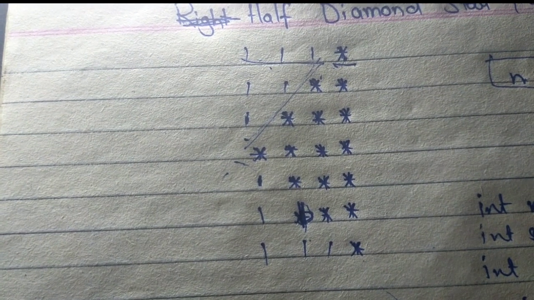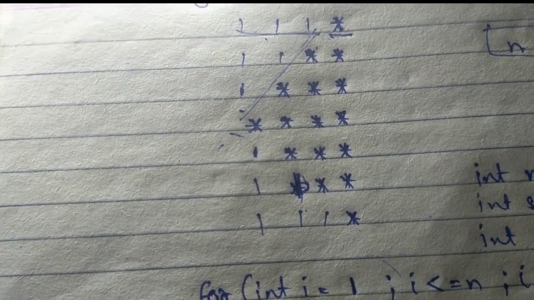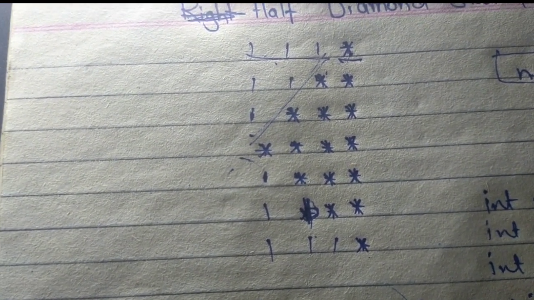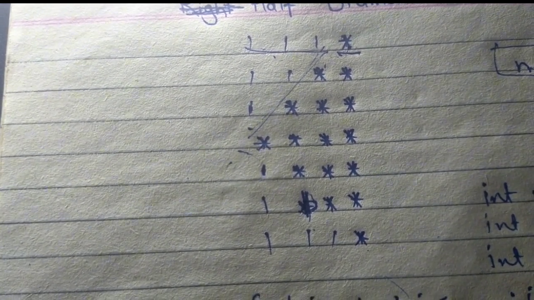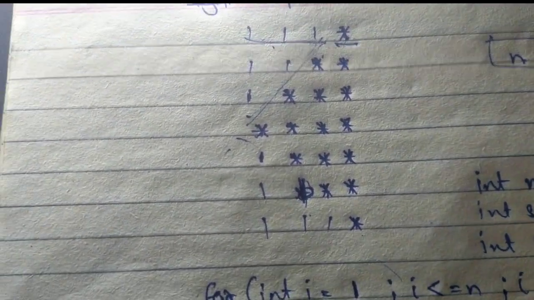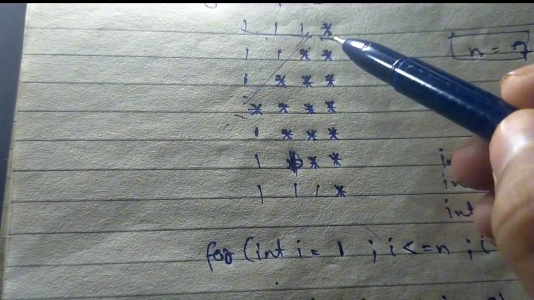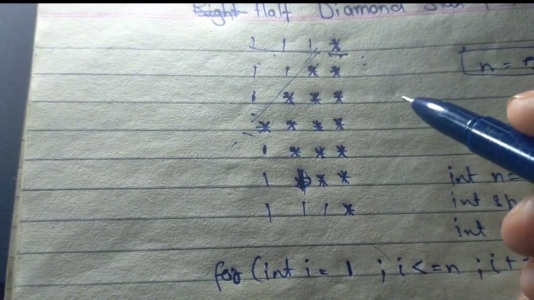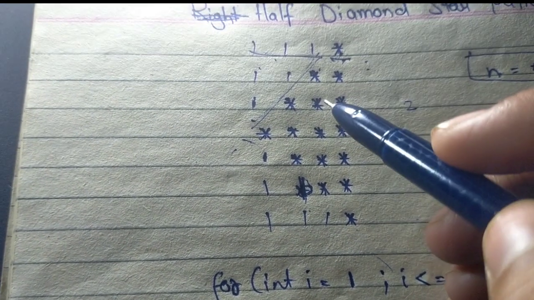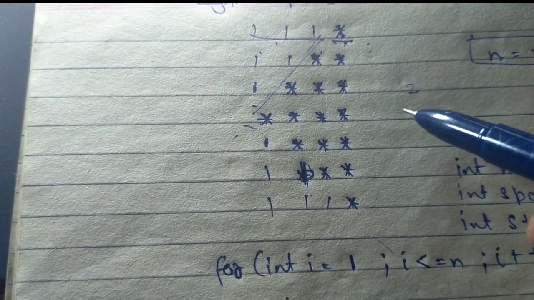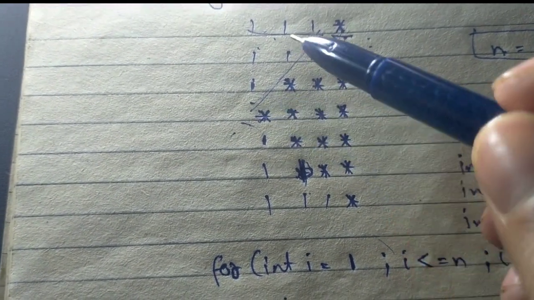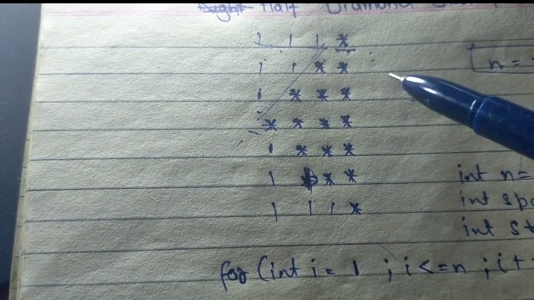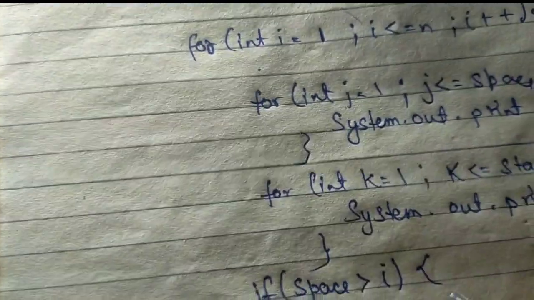First of all, we want to decrease the spaces, because we are decrementing, so we decrease the spaces and increase the stars. Initially i is 1, so space is 3. After that i becomes 2 and space becomes 2, then i becomes 3 and space becomes 1. So space is going in decreasing order, but stars are going in increasing order.